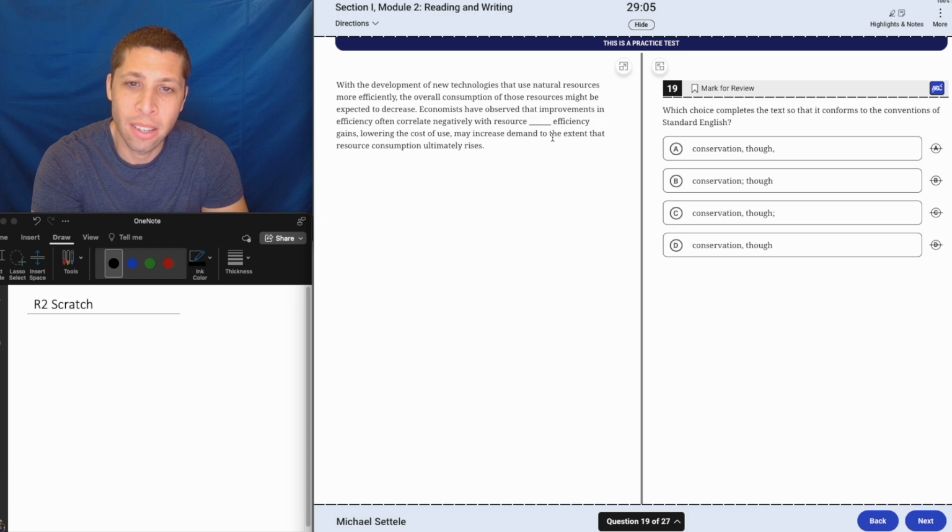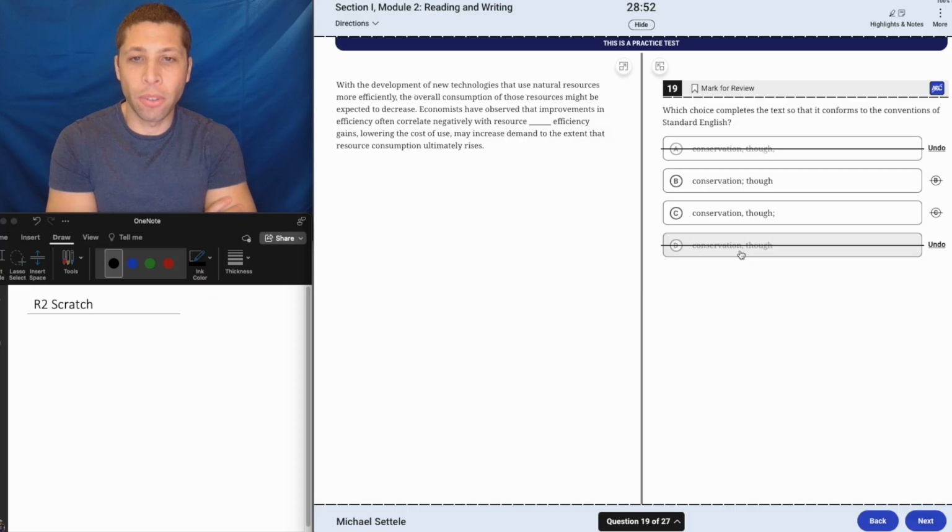Efficiency gains may increase demand. That sounds like a sentence, right? Let me just double check. Economists have observed that improvements in efficiency often correlate negatively with resource conservation. Yeah, it's a sentence. So it's just where does this go? It's the same as the last question.